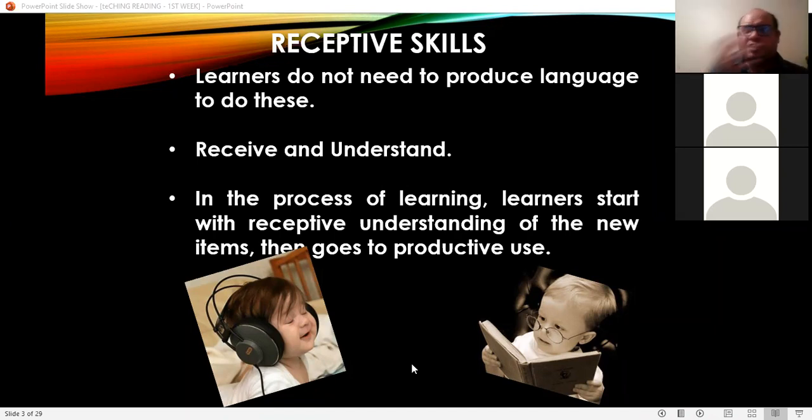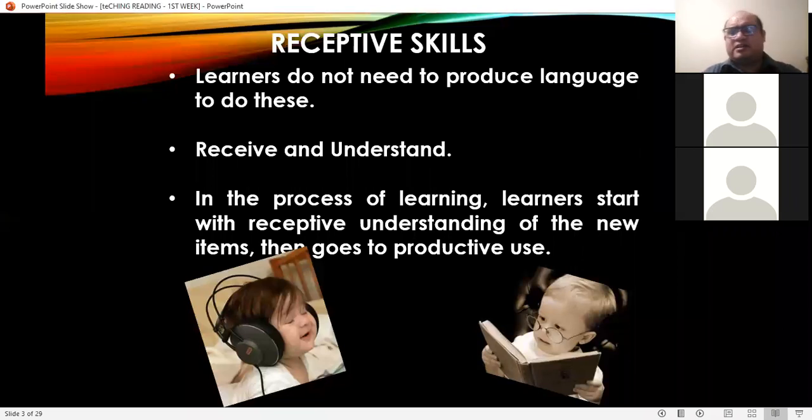As we were talking about in the last modules, we analyzed the phonological system of English, then the syntactical structure of English. So this is learning, this is conscious. So in this process of learning, we start with a receptive understanding. So we start with a receptive skill, and then we pass to the productive skills, all right?